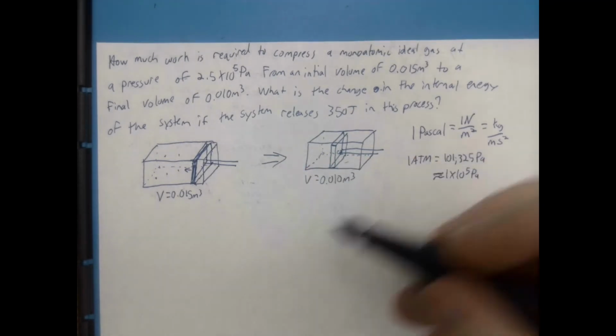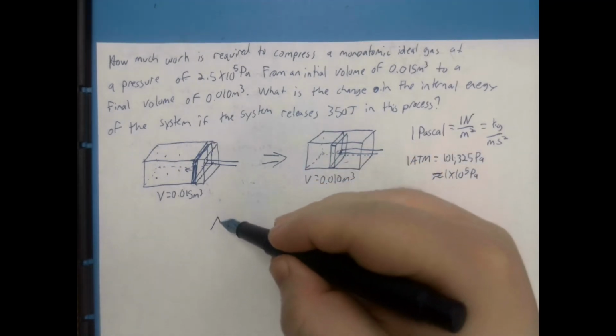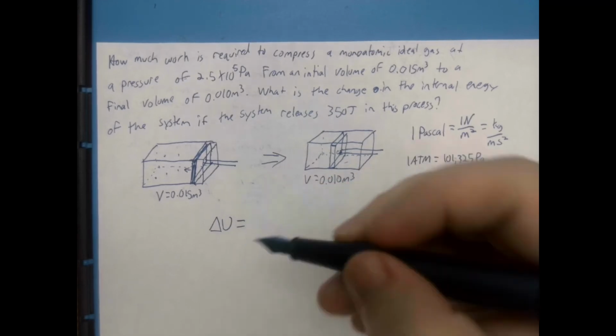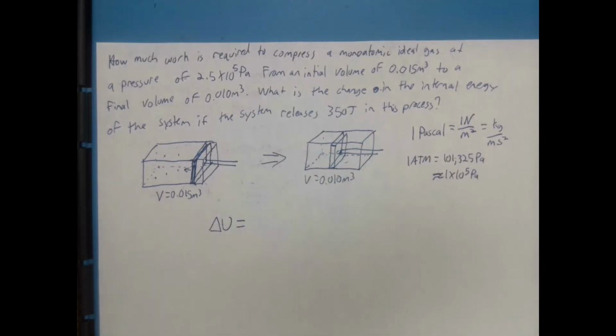So we know our equation for change of energy. Change in energy, internal energy, is equal to, what do I do with the, do you have it? What's it say? I was formatting the equation for you.